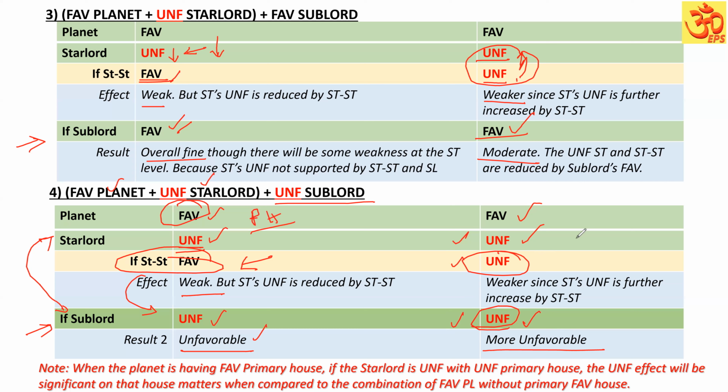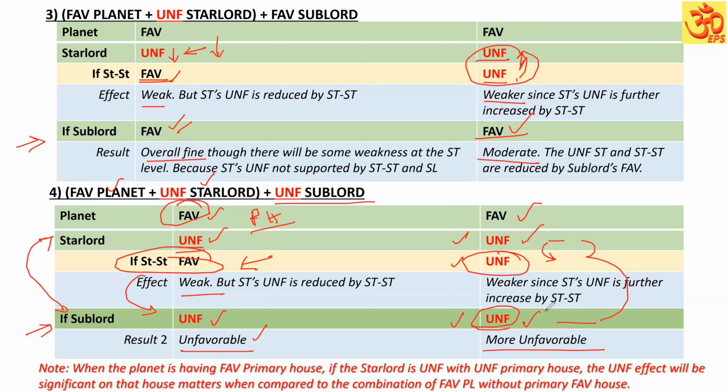As I discussed, if it is a mixed significator also, if it is having some unfavorable houses, it is also supporting the unfavorable. If it is having some unfavorable grouping, the star lord of the star lord and the sublord also forming some unfavorable grouping with the star lord and sublord, even if they are all mixed significators, that also combined will give an unfavorable result. So that way, level-wise, whether the planet is favorable or unfavorable, we have to check.